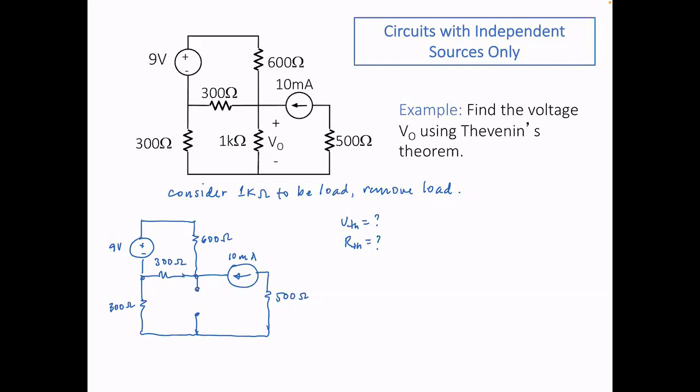So to get RTH, what is my circuit going to be? My 9-volt source becomes a short circuit. So 600, 300, 300.